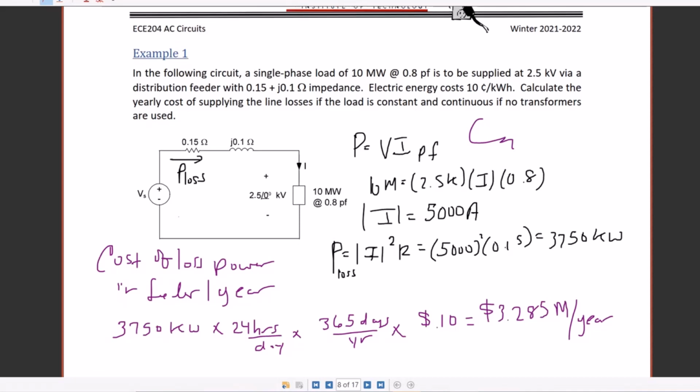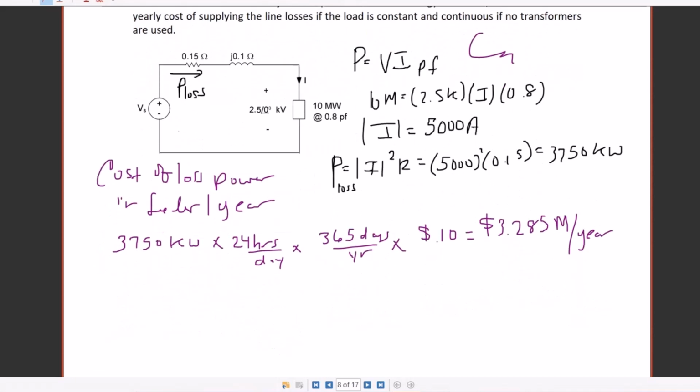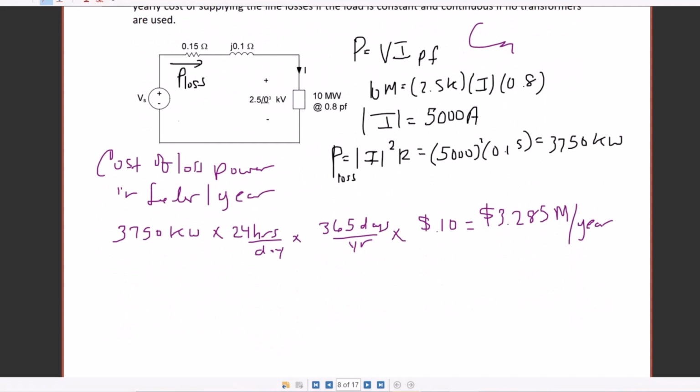So now what we're going to do is, we know we have 10 megawatts. Sorry, the cost of the power delivered to the load.